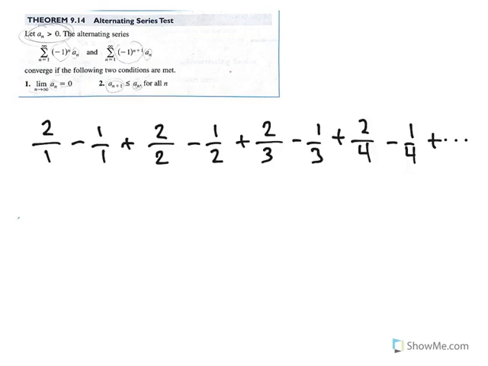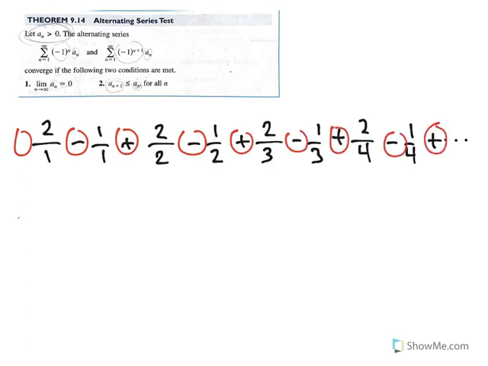So here we have an example of an alternating series. You can see that the signs are alternating between positive and negative signs. So we do have an alternating series. And you can see that as n gets larger and larger, it does appear that the terms will be going to 0.